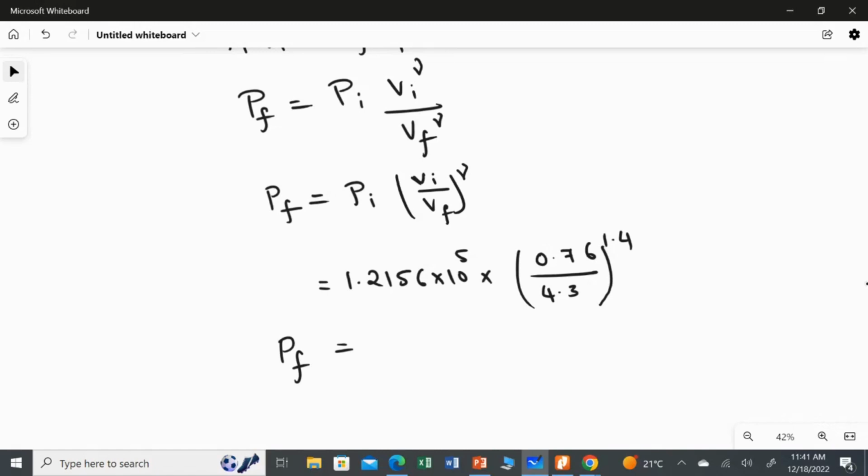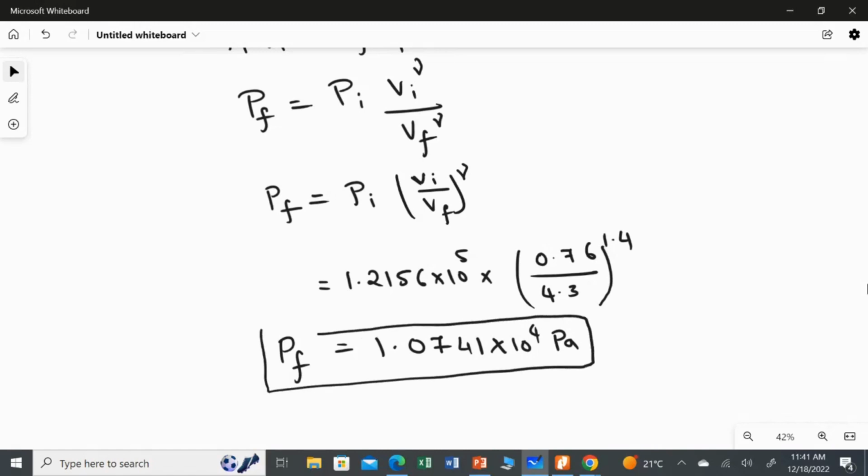I got the answer here as 1.0741 times 10 power 4, and the unit is Pascal. So this is the answer for the first part.